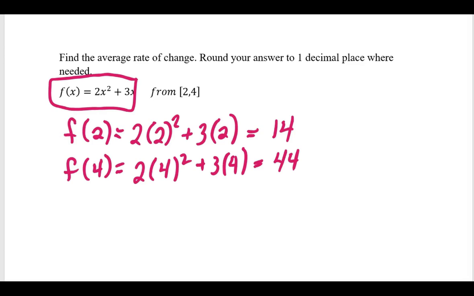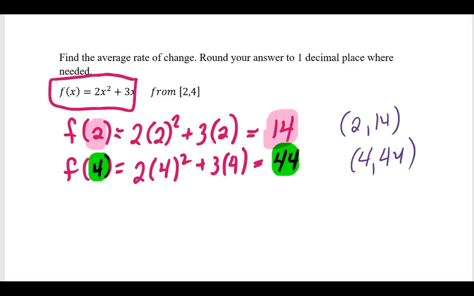So now I know the input and I know the output, right? Those go together for the first point. So it's like thinking of an ordered pair, 2, 14. Okay? And I have a second point, with an input of 4 and an output of 44. So all we're going to do is simply find the slope, and we know how to do that. I'll label my points x and y, and make this point 1 and this point 2.